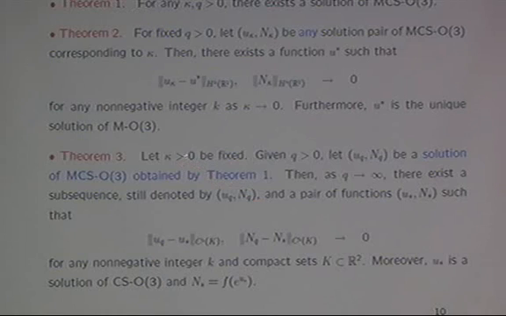So for fixed kappa, if we write WQ and NQ, a solution pair corresponding to Q, then as Q goes to infinity, we can find a subsequence converging to U star and N star. And U star is the solution of the Maxwell-Chern-Simons O3 sigma model, and N star satisfies this condition.